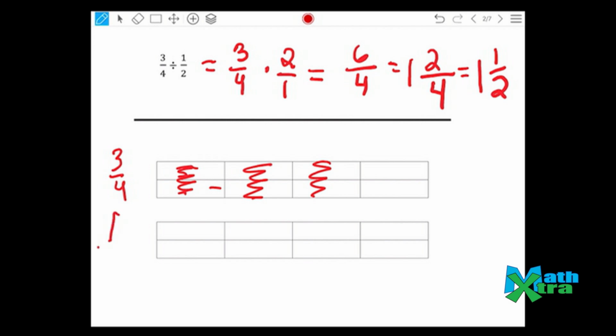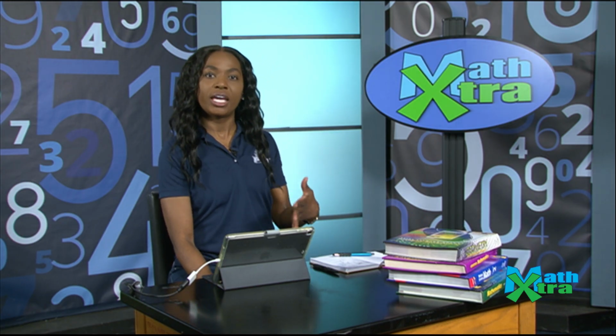Now let's represent 1/2. For me, I feel like it's easier just to go all the way across. Now at this point, we need to figure out how many halves we have, which is 4.